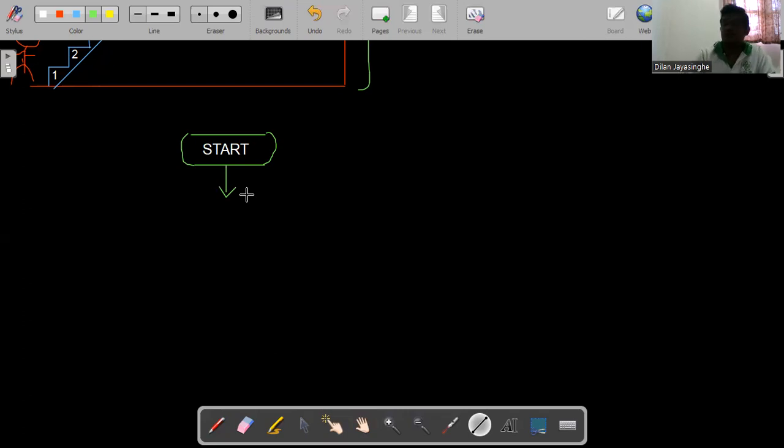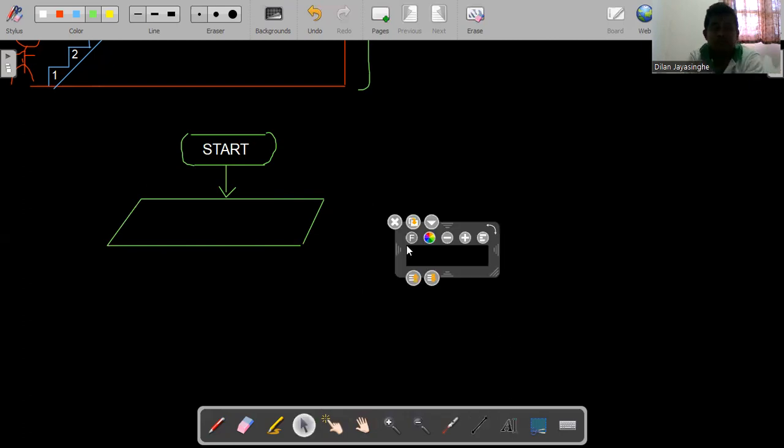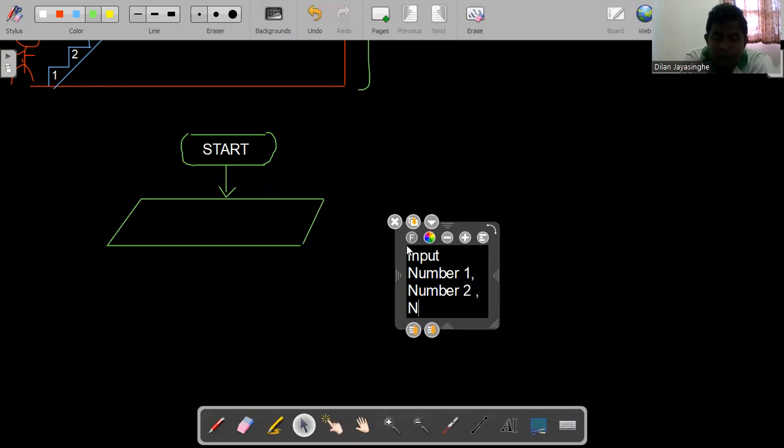How can we do this? There's a special symbol for inputs. It is the parallelogram. Input number 1, number 2, number 3.